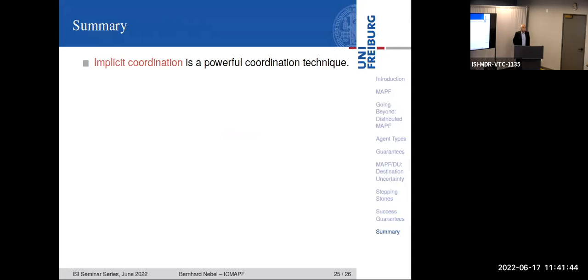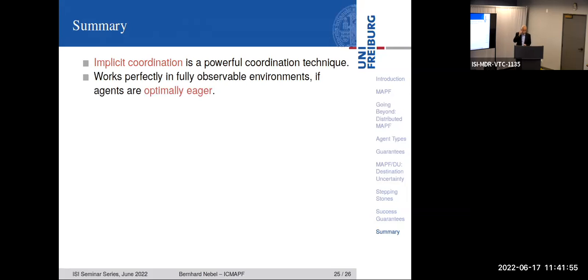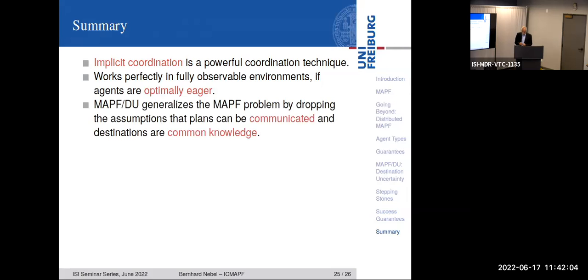Okay, and with that, I come to the conclusion. So implicit coordination is a powerful coordination technique, and it also works sometimes perfectly, particularly when you have a fully observable environment. Then optimally eager agents will do that.